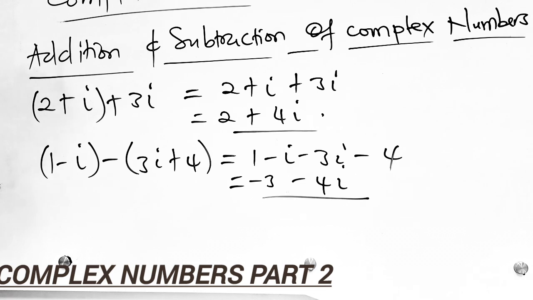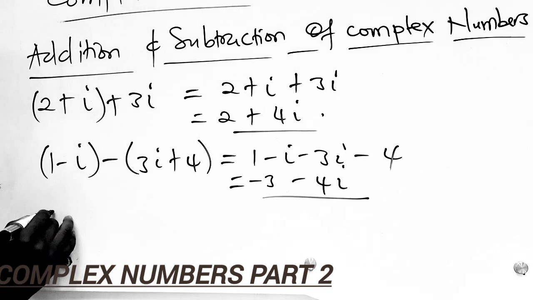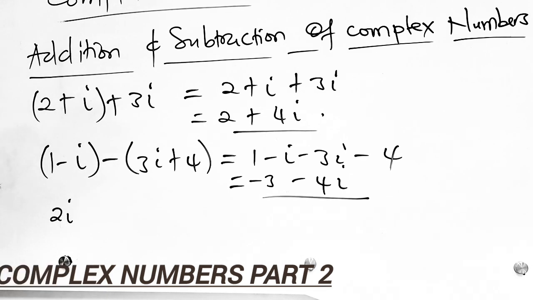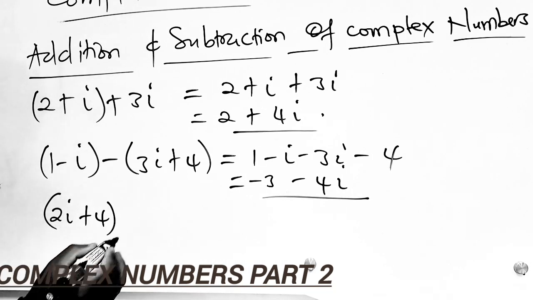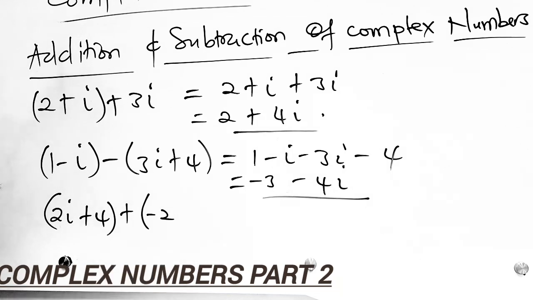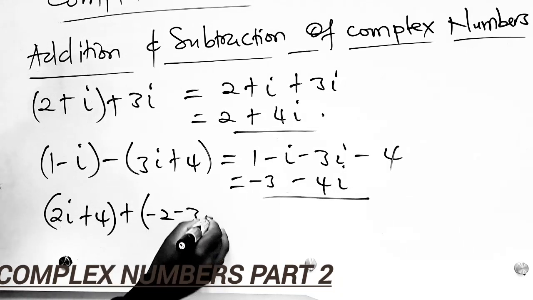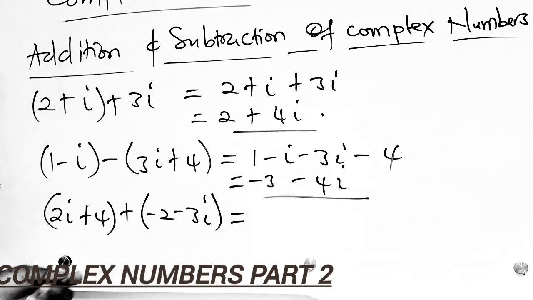Let's have another example, which is (2i + 4) + (-2 - 3i). What we need to do here is distribute this positive sign inside the bracket.